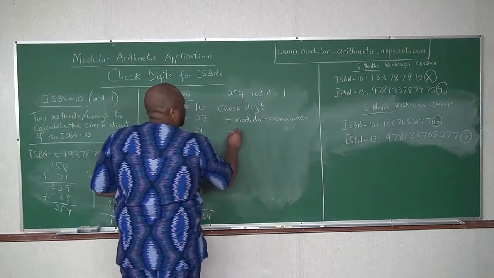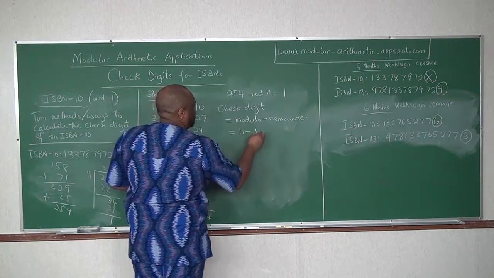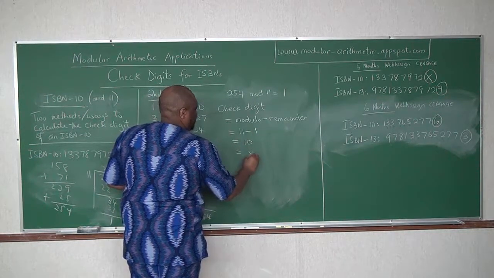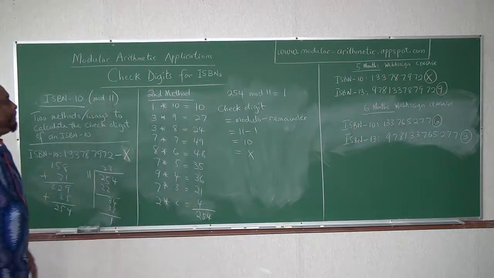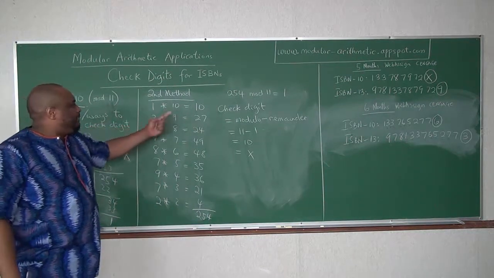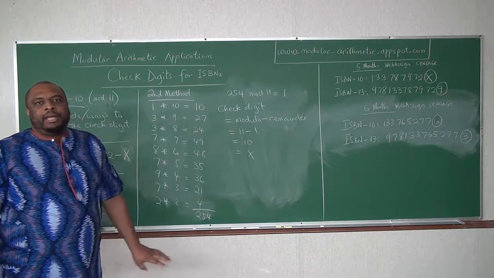And that will give us 11 minus 1, and that is 10. And that is your x. That's the x. So this is the second method: modulo minus remainder. With the second method, you just multiply times 10, times 9, 8. You just multiply it in this order.